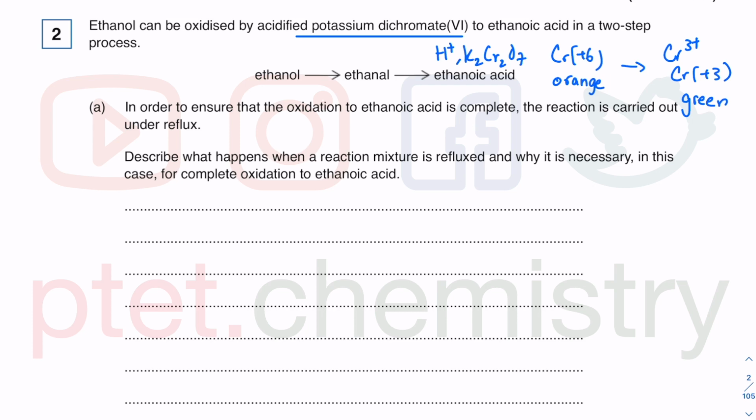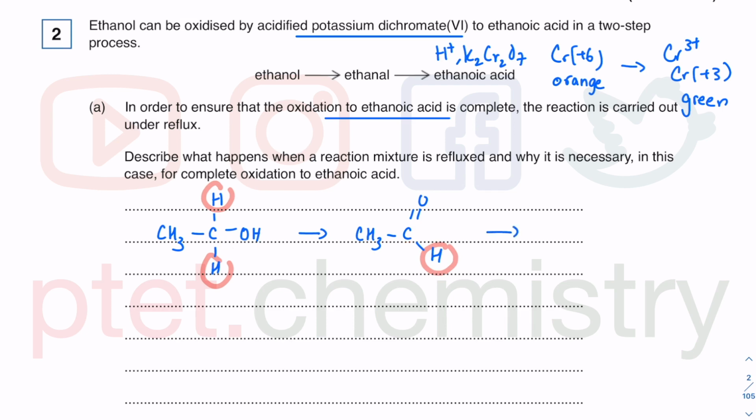Now you want to oxidize this all the way to ethanoic acid, because if you think about ethanol, you have a carbon with the OH, and the carbon with the OH is bonded to 2 other hydrogens. So you could lose them sequentially, CH3CHO, and then you will get the aldehyde, where you still have 1 hydrogen on this original carbon with the OH.